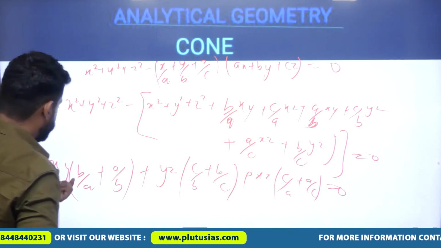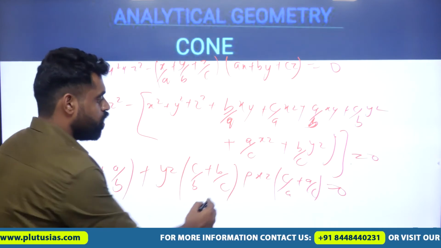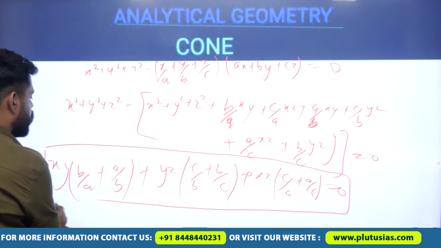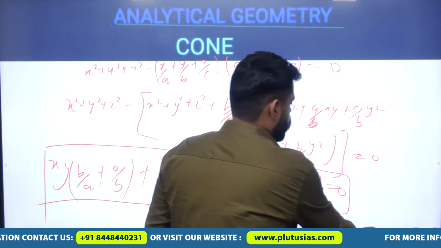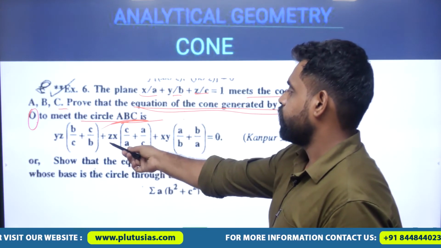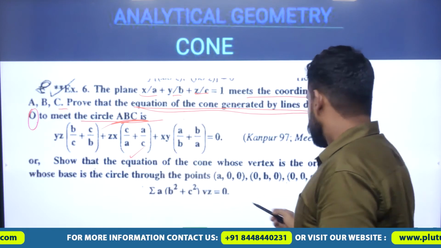So this is a homogeneous equation in xy, yz and xz. Only 3 terms are there. So this is the equation of the required cone. This is what we had to prove.